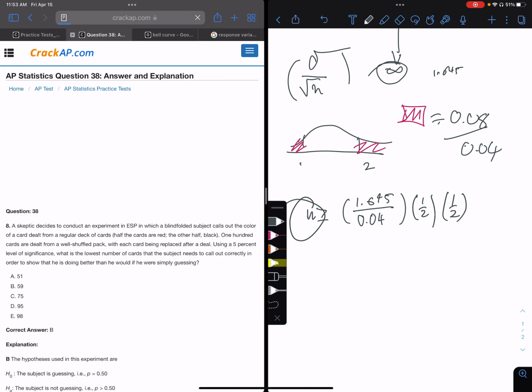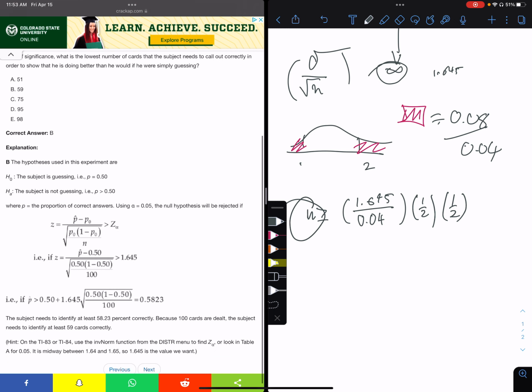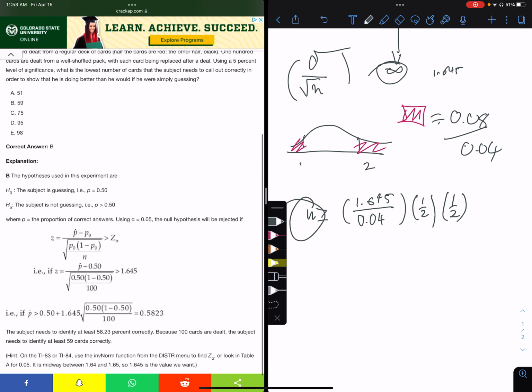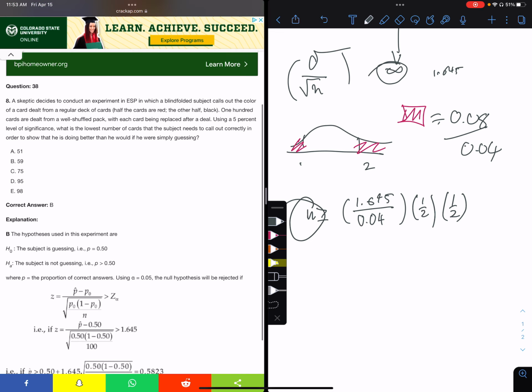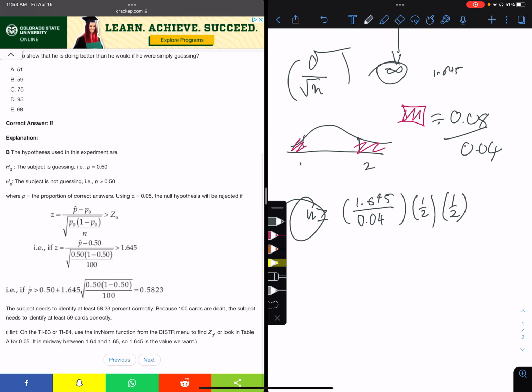Alright, two more. Hypothesis in this experiment. Oh, yeah, it's the z-score. Okay, let's do this. 5% level of significance. So you don't need to write the null and alternate, it's a multiple choice.